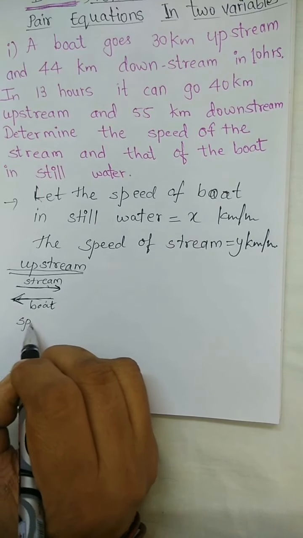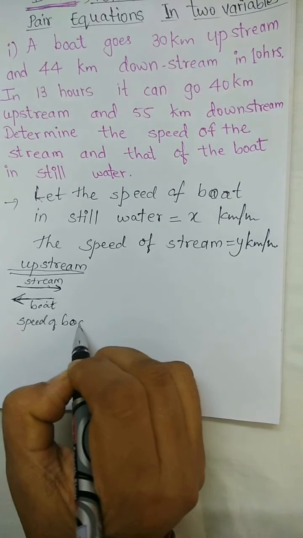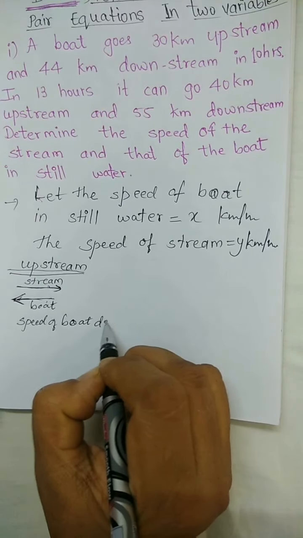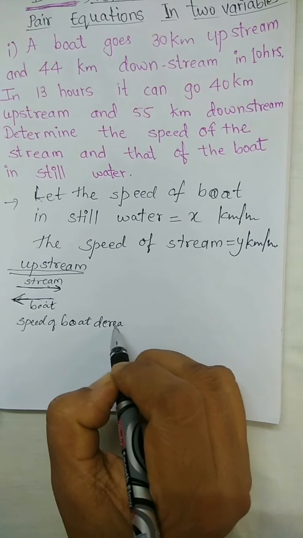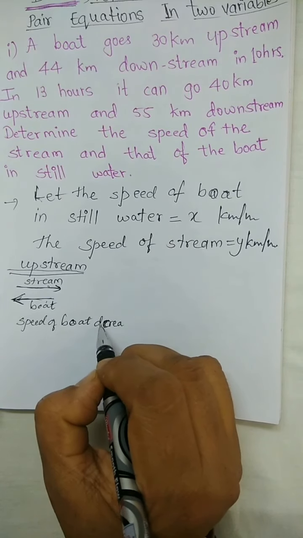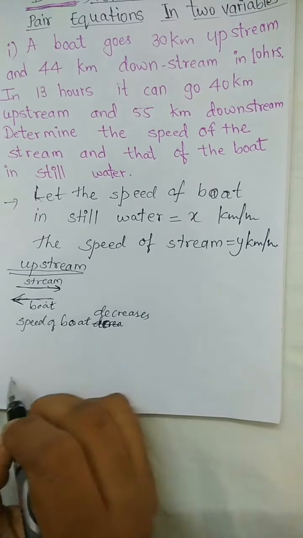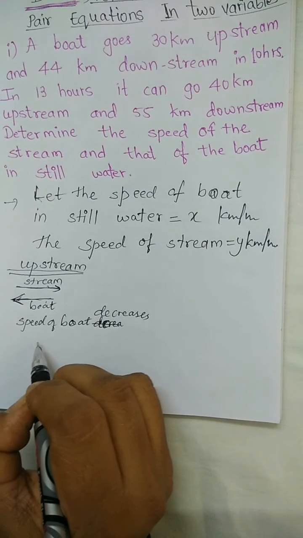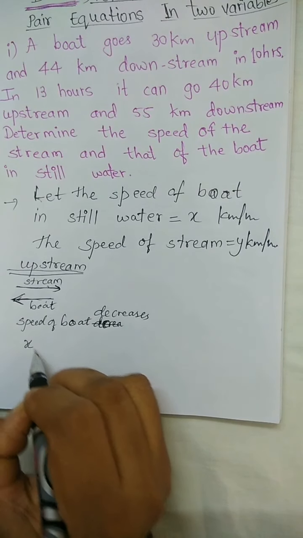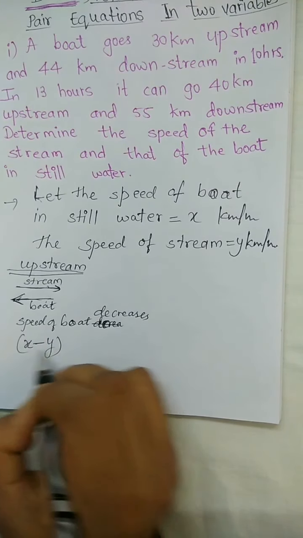So speed of boat decreases. So speed of boat is x and speed of stream is y. That will get subtracted.